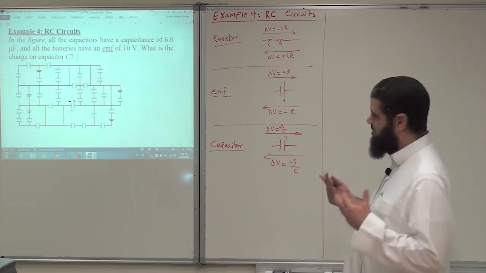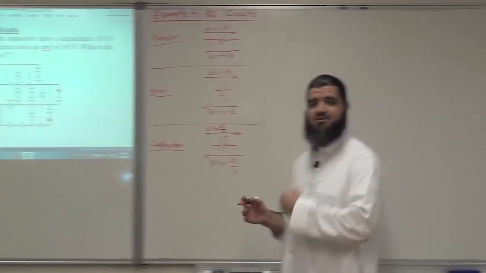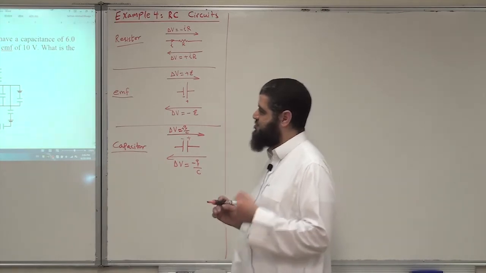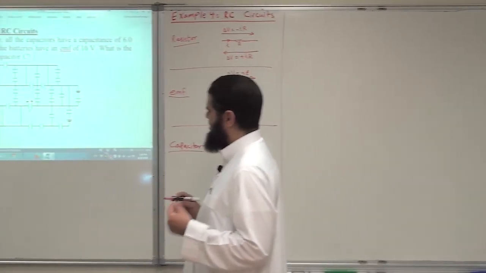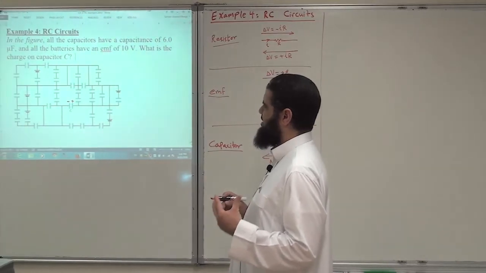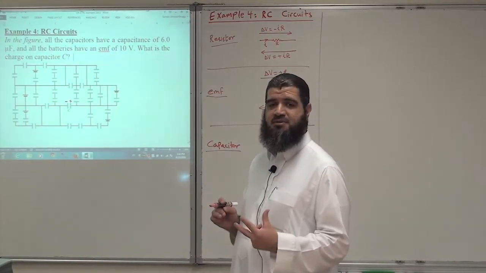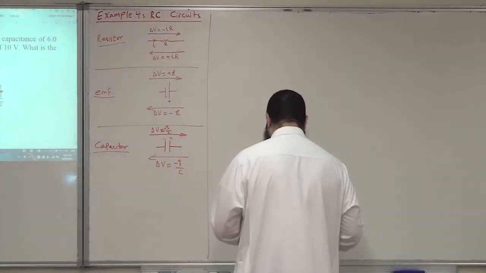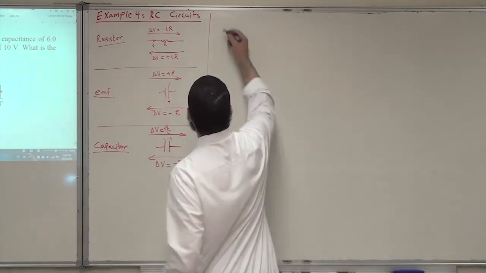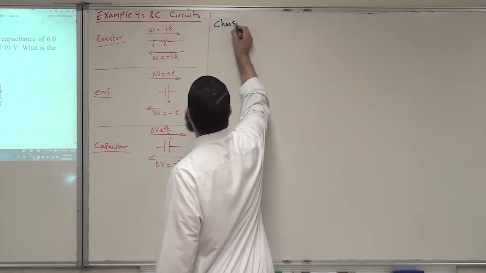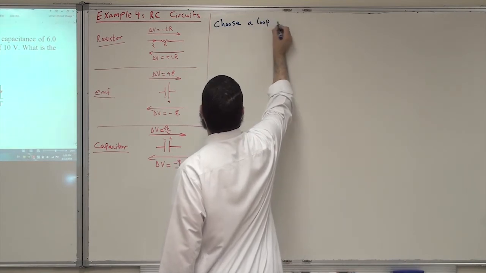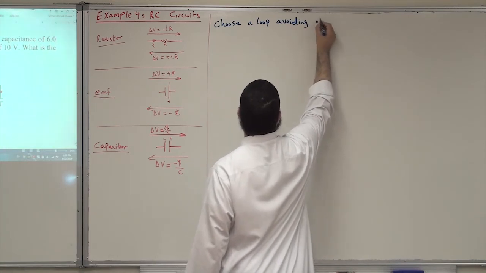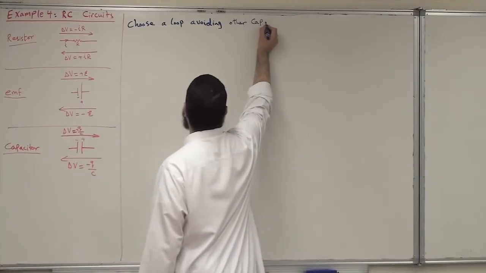Now, there should be a smartest way. You remember the example which we had, the complicated maze for the resistors? We'll do the same here. We have to choose a loop, in a smart way, such that we don't include any capacitor except this capacitor of interest. So to answer this question, we choose a loop avoiding other capacitors.